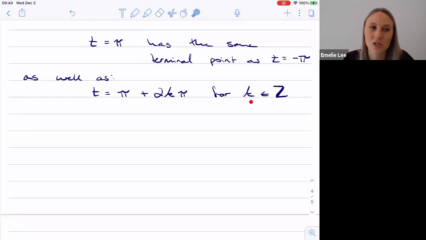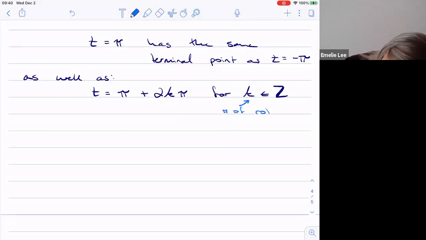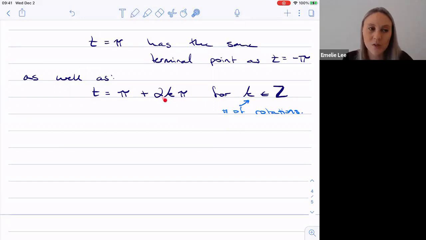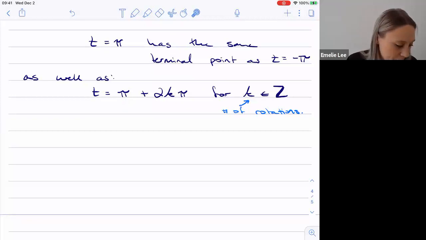So k is essentially the number of rotations, which has to be a whole number. And then 2 pi is just the distance of one rotation. So if I'm saying 3 is the k, 2 pi 3 times is 6 pi. So then if I move 6 pi, I've done 3 rotations, but I still end up at the same terminal point as if I move just pi.